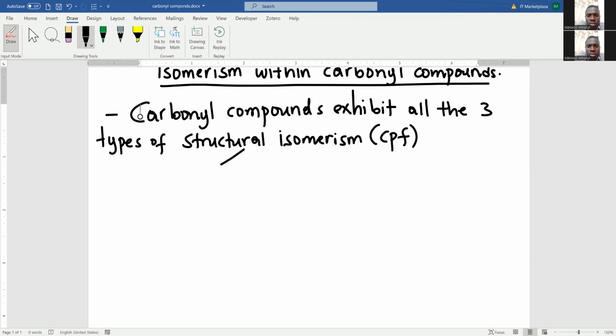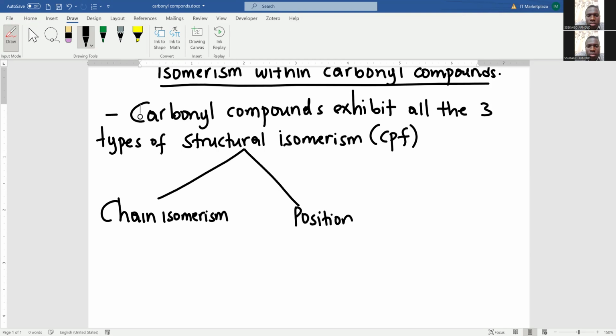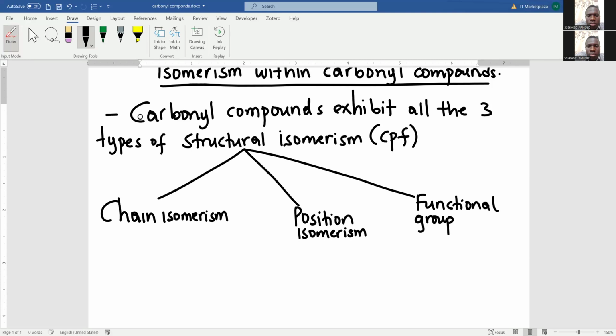So we have chain isomerism, then there is position isomerism, and then there is functional group isomerism.